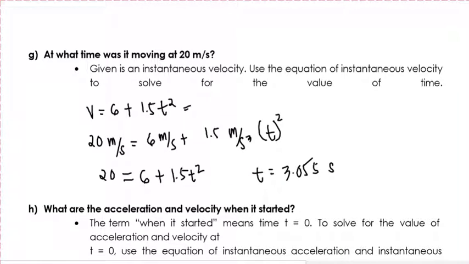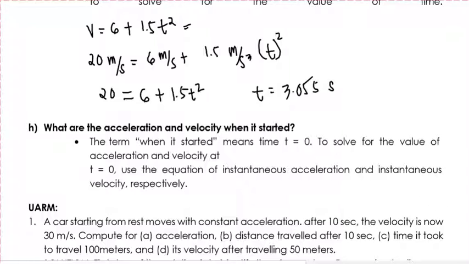Okay, the last question is to find the values of acceleration and velocity at the initial value of acceleration and velocity. That means the time we will consider is t is equal to 0. So we just use the specific value.